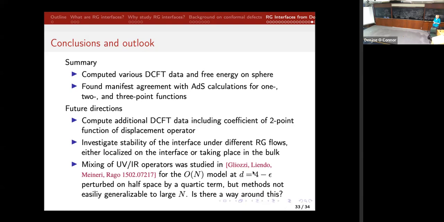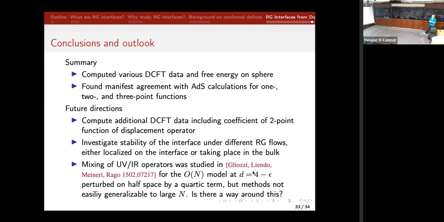Well, the most obvious thing is just to compute additional DCFT data. I didn't list all of the data that we computed, but we computed 1-point functions and some OPE coefficients, and we also computed various things in the O(N) d equals 4 minus epsilon perturbative interface.